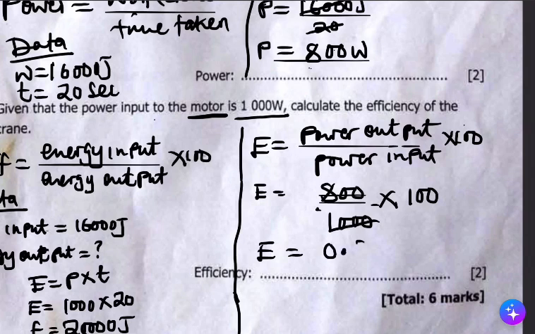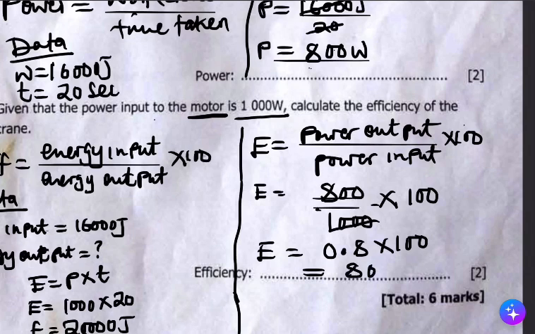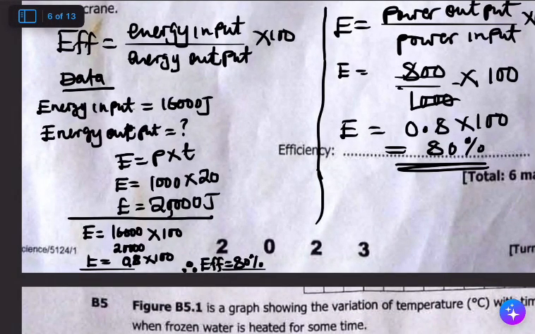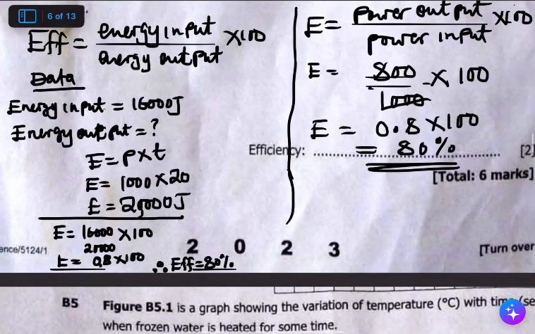Then 0.8 times 100 gives 80%. You're still getting 80%, so all the methods are the same. Even this method will give you 80%, so whichever of the two you use.